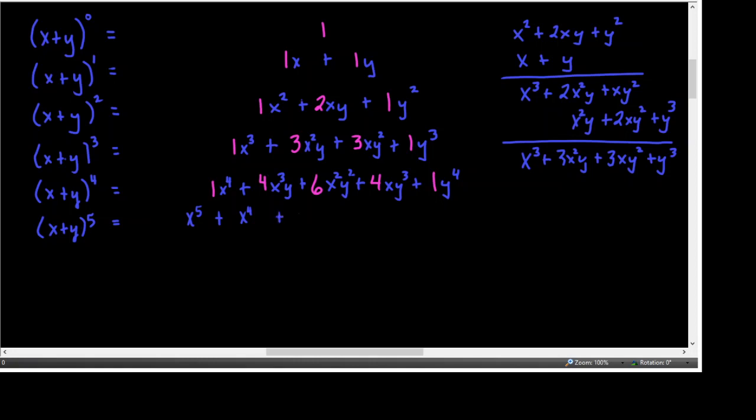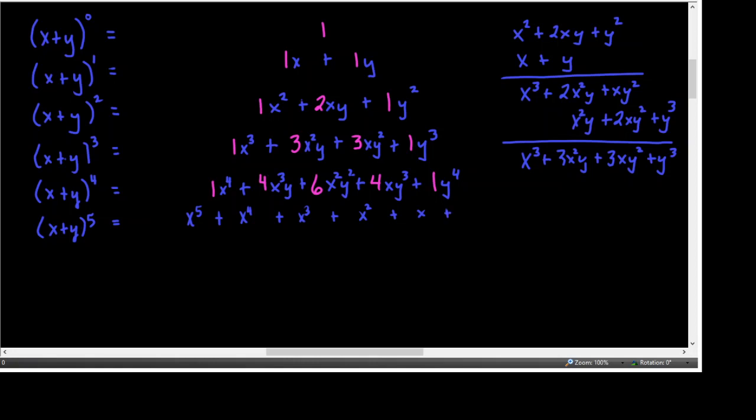The next one will be x cubed. The one after that will be x squared. The one after that will be x, and the last one won't have a visible x because it's x to the 0.